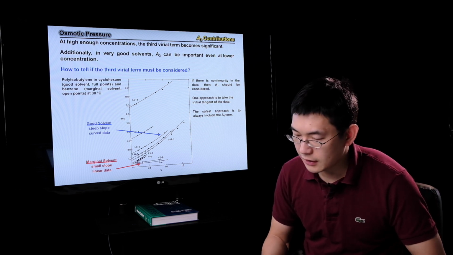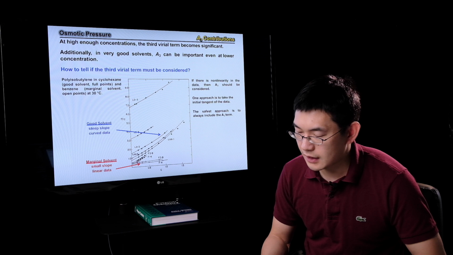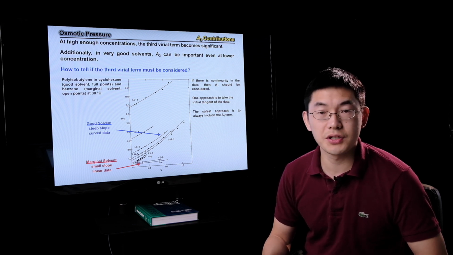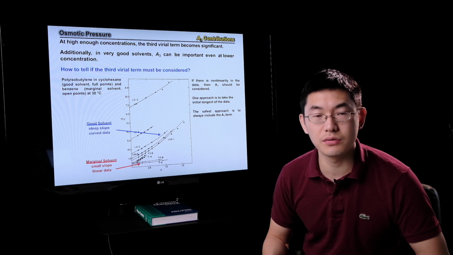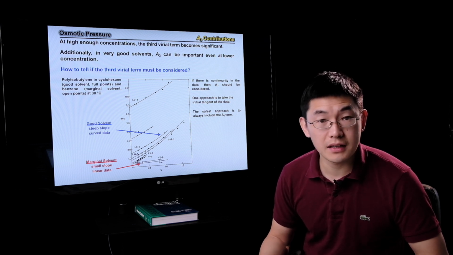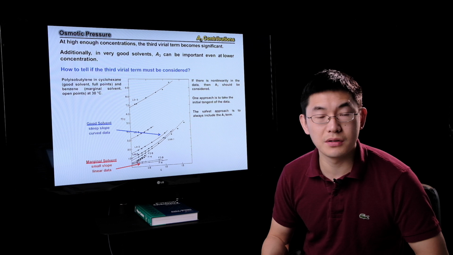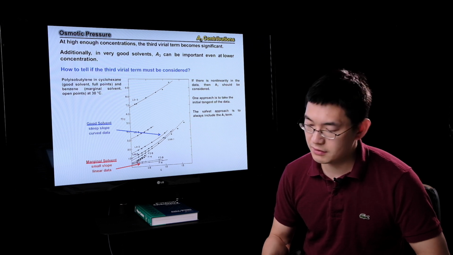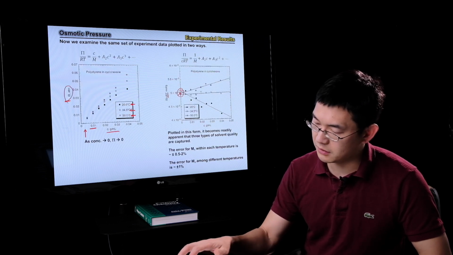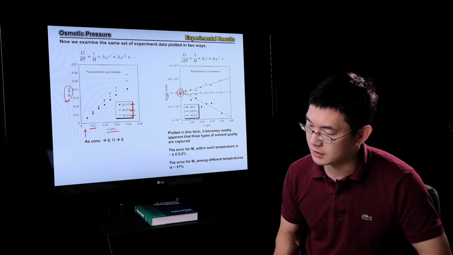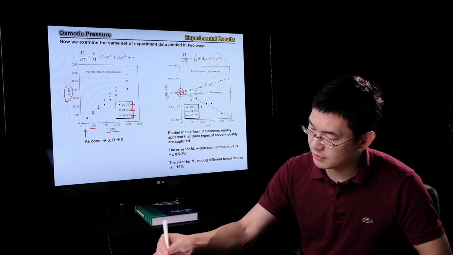So additionally, one contribution is from the third virial coefficient, A3. As I mentioned, in a dilute solution it doesn't matter that much because the A3 term is no longer very important. If you take the cube of the concentration, this will be very little.